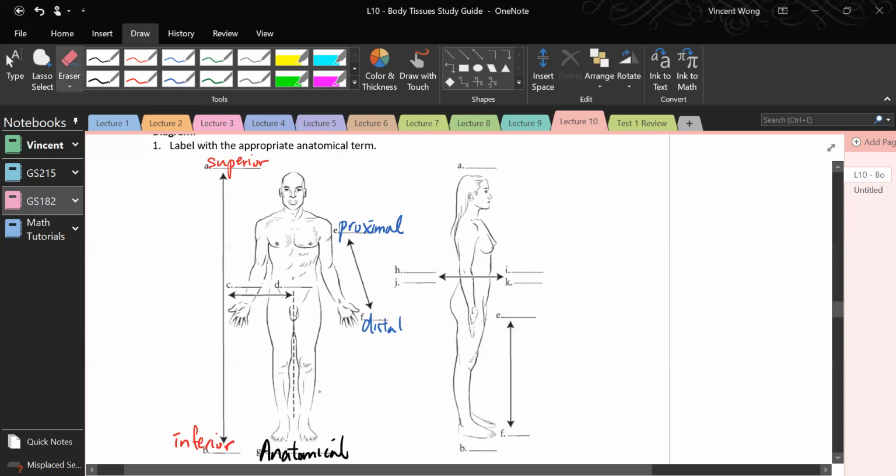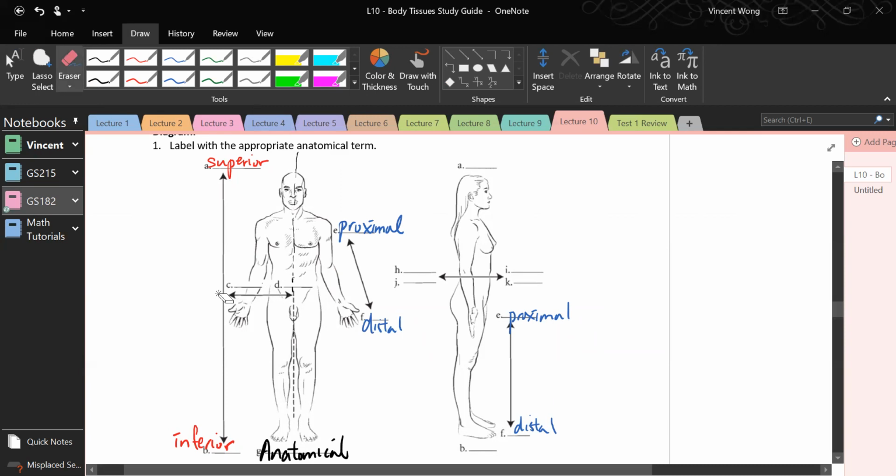Same thing for the leg, right? So this is distal, and this is proximal. This here is the midline. It goes all the way through the middle of the body.